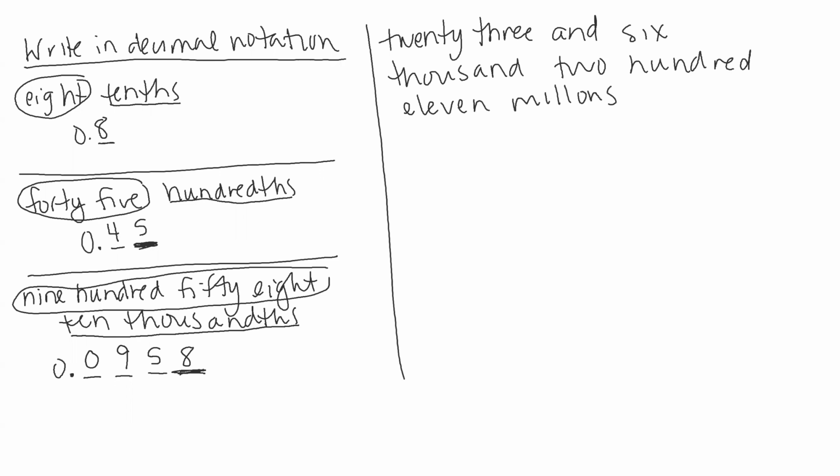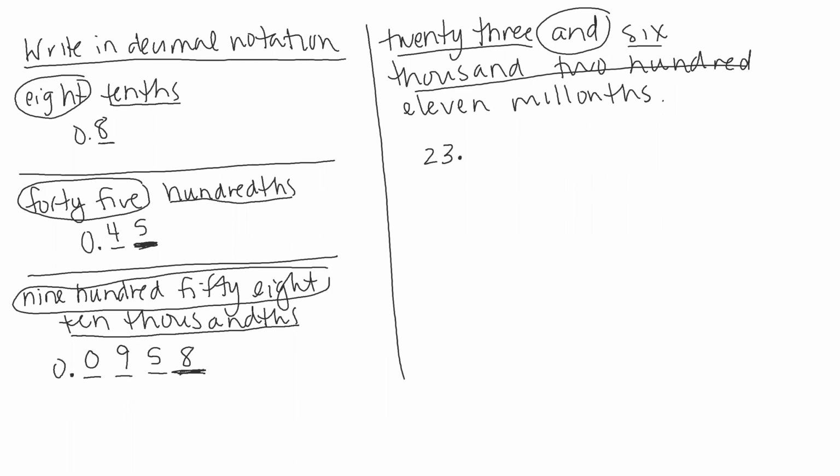Okay, so a couple things. I do have a number, the word and, and then another number. I didn't mean to cross that out. I meant to underline it. So I do have digits before the decimal point. So I'm going to write out 23, so just 2, 3, and then a decimal.